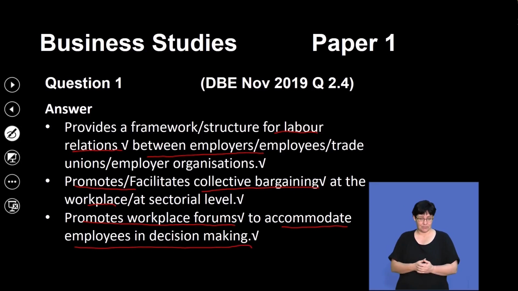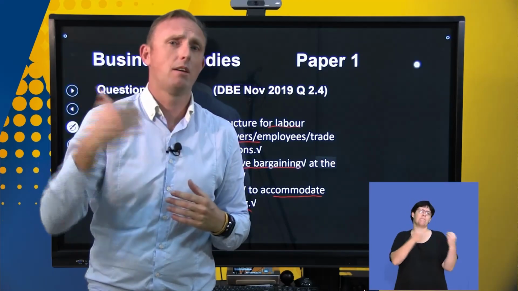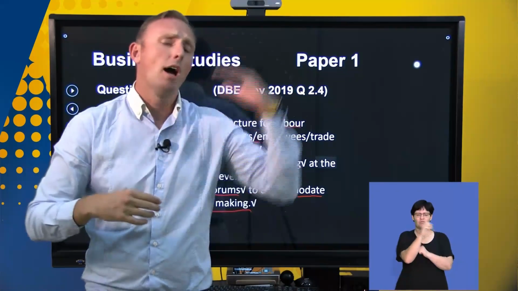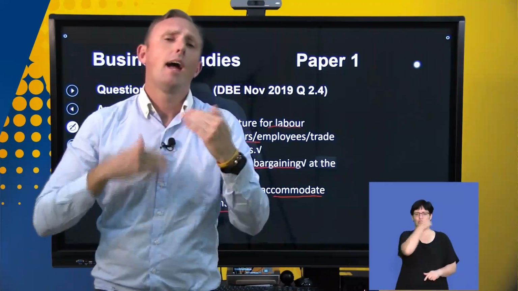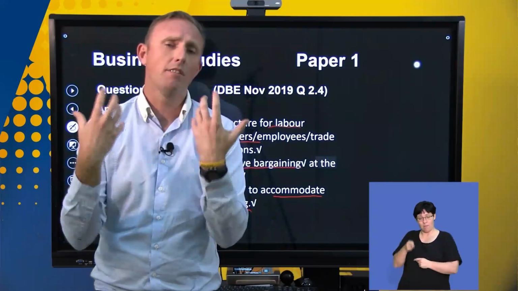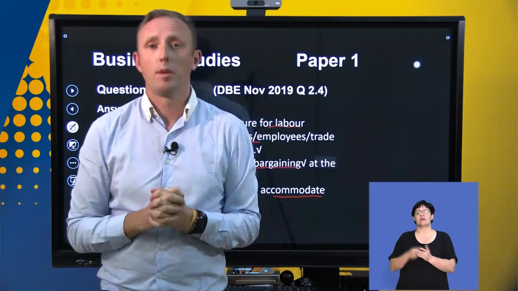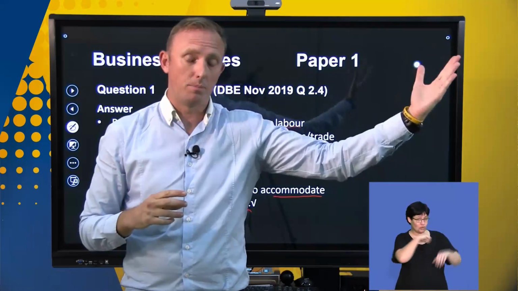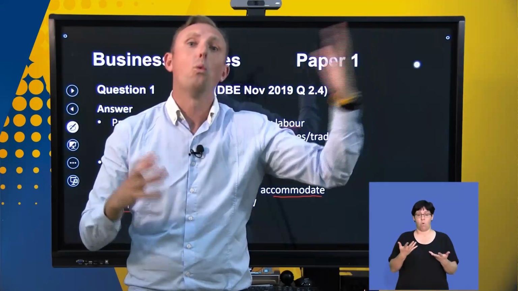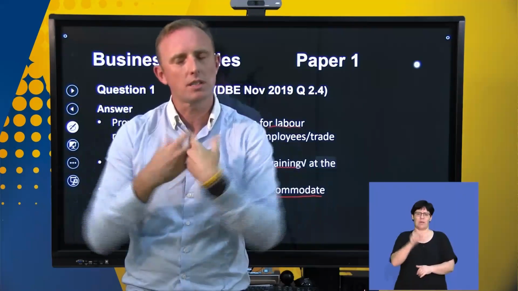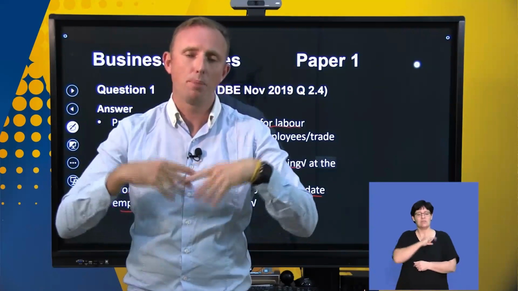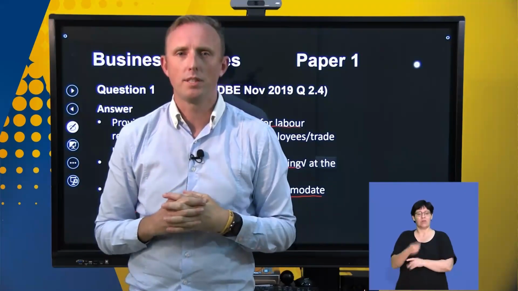It promotes workplace forums to accommodate employees in decision making. So at the workplace forum, a business might say, right, we want to move our factory overseas to China. The workplace forum is an avenue in which the employees can discuss the possibility of the business moving to China or why it should stay in South Africa. So it just gives the employees a platform to voice their opinions.